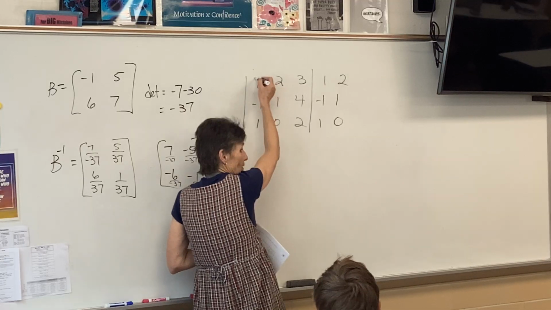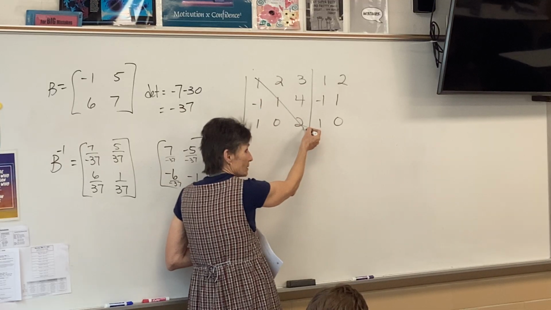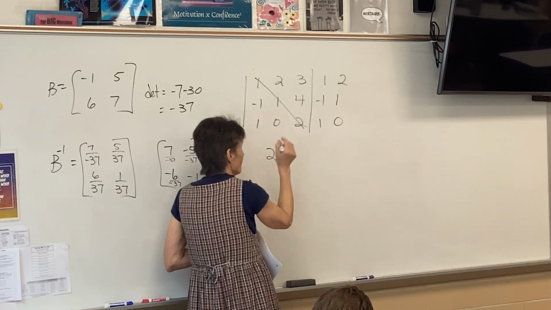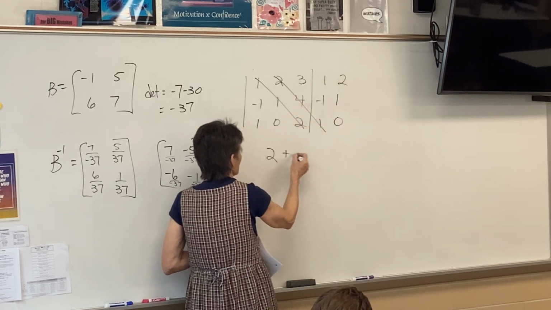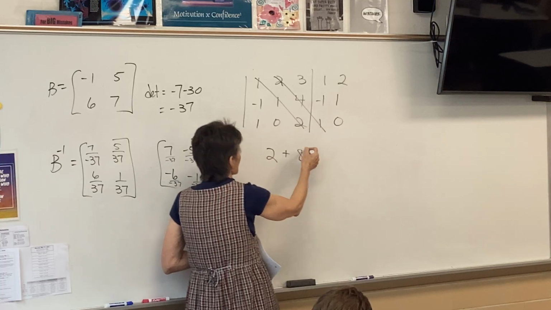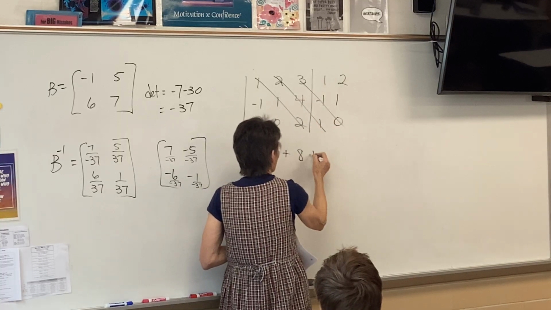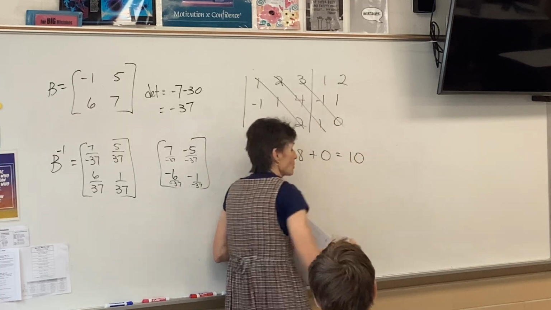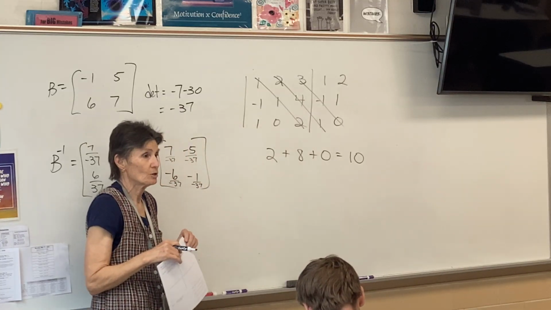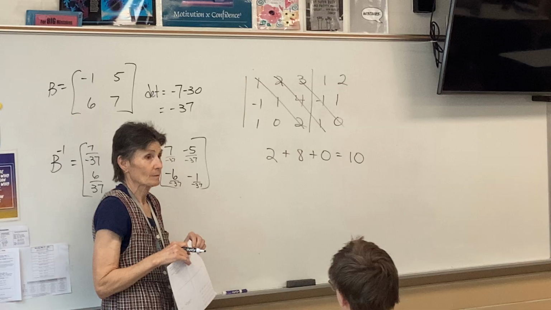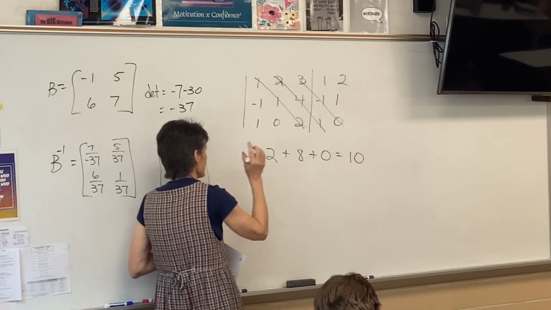We start right here and we multiply. So that gives me 2. I multiply and that gives me 8. And then I multiply and that gives me 0. So all of those, boom, boom, boom, total up to 10. Then I go the other direction, same thing.